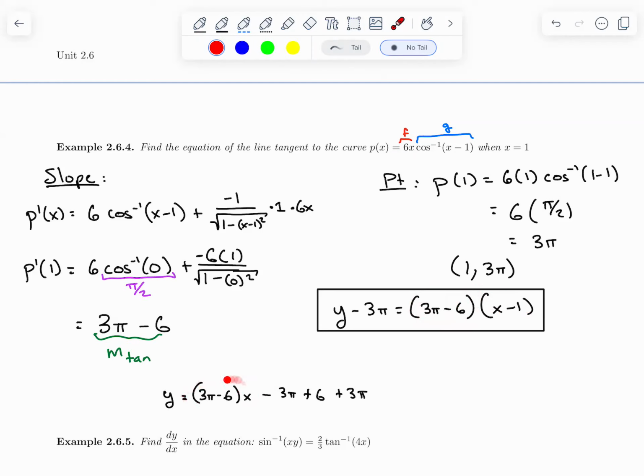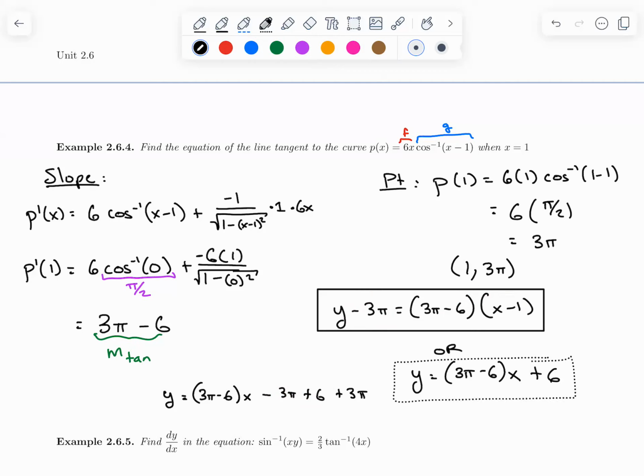So that's why I got the 3 pi minus 6 times x. Then distributing into the -1, that becomes a negative 3 pi, and then plus a 6 because it's -6 times -1. And then I added the 3 pi, that cancels. So we get y equals 3 pi minus 6x plus 6, if you really want to do it in that way.